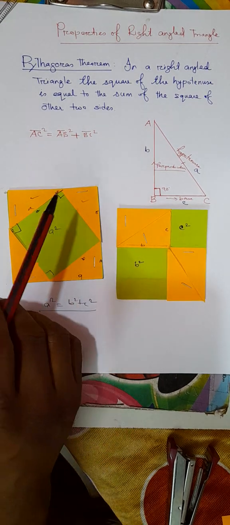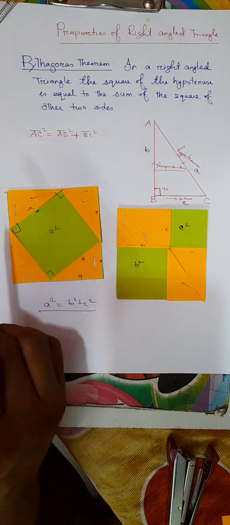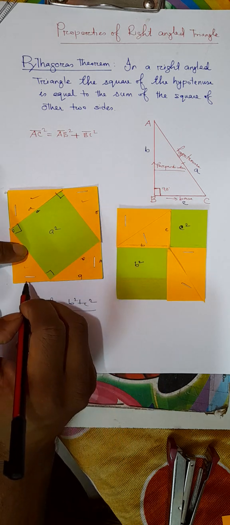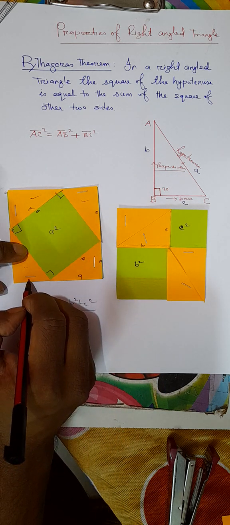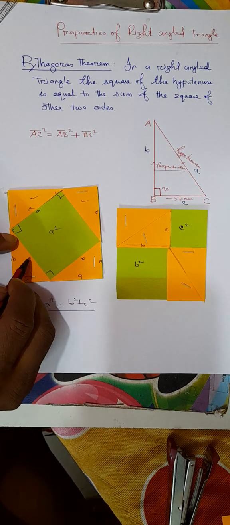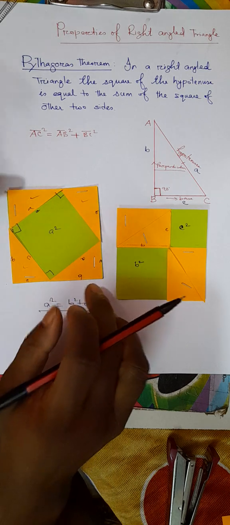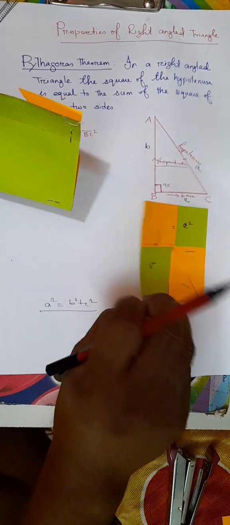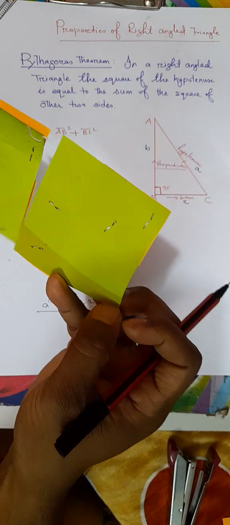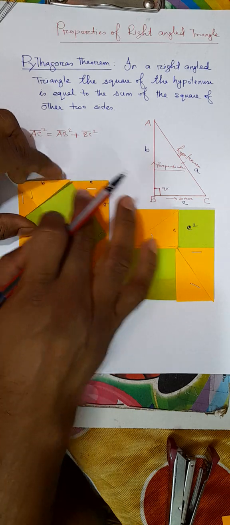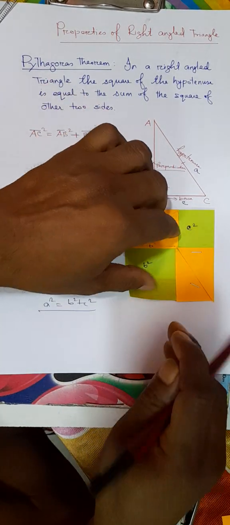So first we used 8 identical right triangles, right? The side length of this right angle triangle was, this was c, this perpendicular was b, and this hypotenuse was a. And then we considered 2 identical squares here. Then we used 4 right triangles in this square, and another 4 triangles in this one.